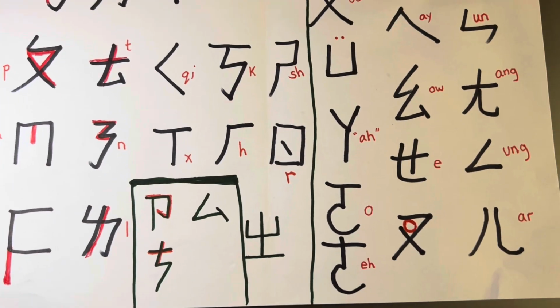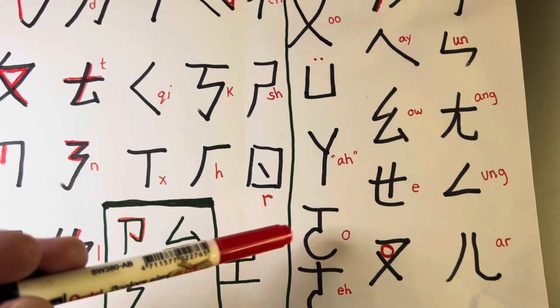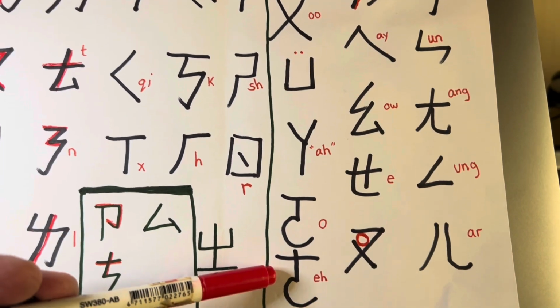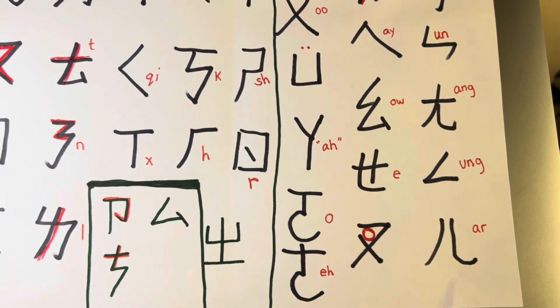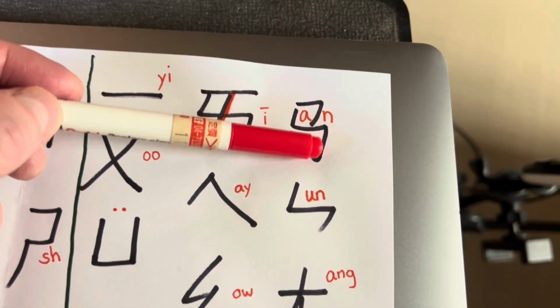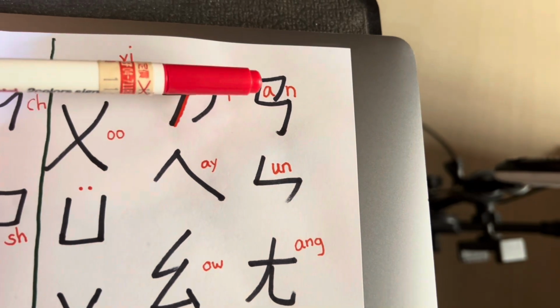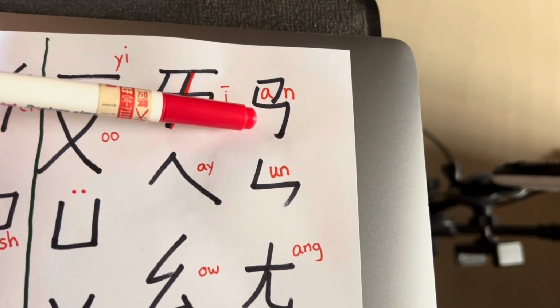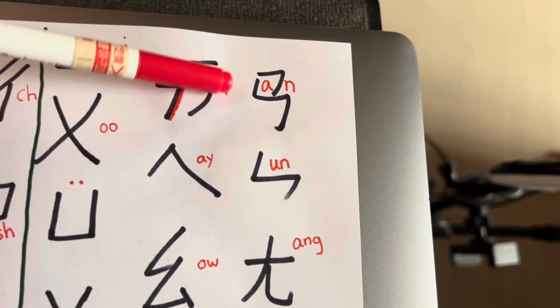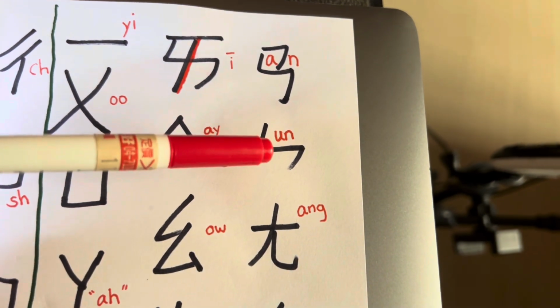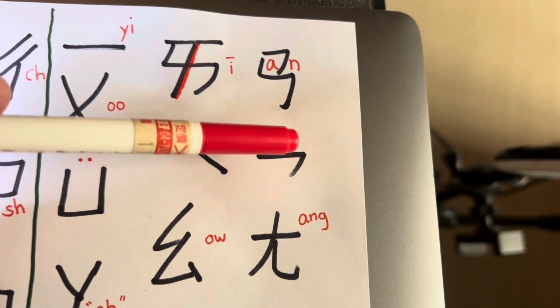We should differentiate between O and O and eh. I think the enclosure on the top helps you remember that this is an and this is un, because A is a looped vowel. So there's a closure here. And un is open, the top of a U is open, and this is open.